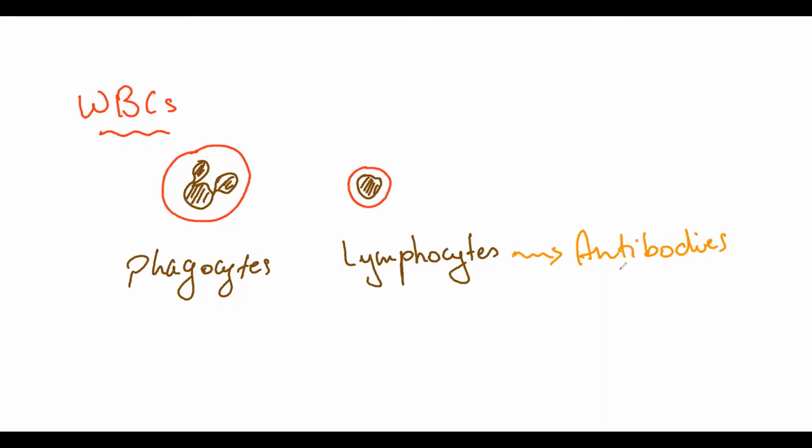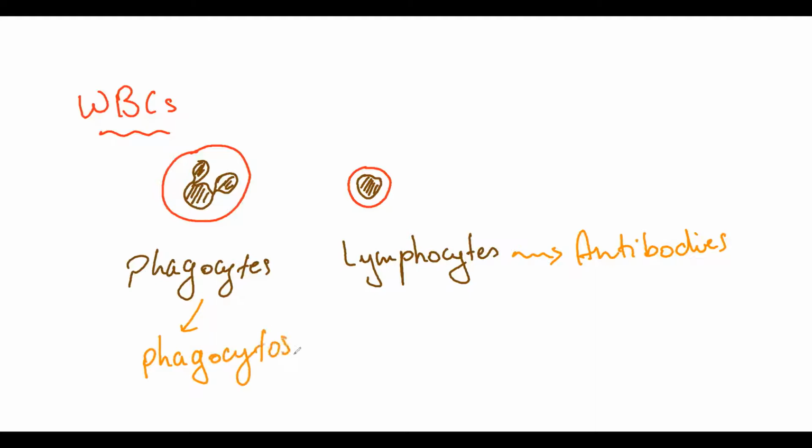These are not antibiotics. Antibodies are chemicals, protein in nature. They are produced from a certain type of lymphocyte in order to attack the bacteria or the pathogens. But the antibiotics are the drugs that we take when we are sick. And phagocytes are going to do phagocytosis.